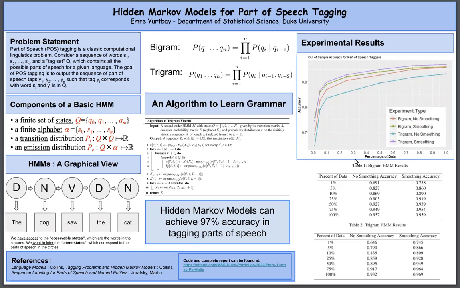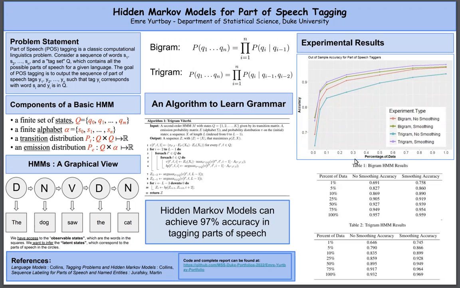So this leads us into a discussion of the order of a hidden Markov model. The graphical model shown here is called an order 2 HMM. So if the order of the HMM is 2, and the model is trying to tag word i with a part of speech, it will use the tag of word i minus 1 to help tag word i.